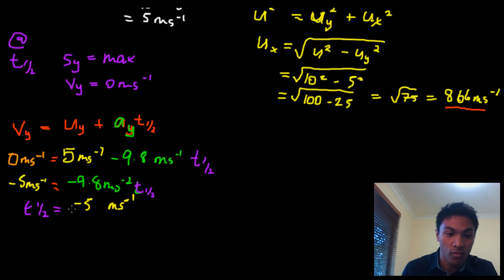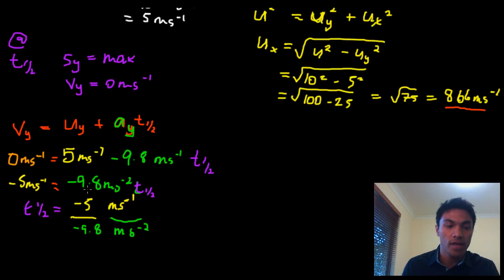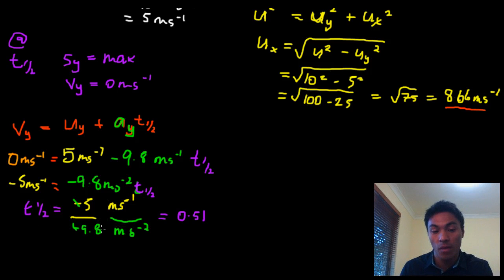So meters per second, if we divide that by -9.8 meters per second squared, these two will cancel each other out, so you're going to get a positive value, which is 5 divided by 9.8, so our time at half is going to be 0.51.